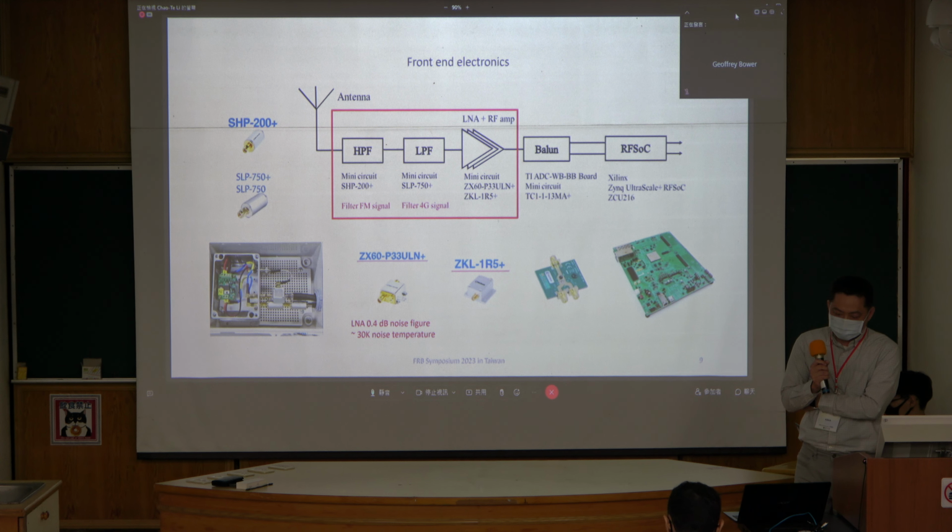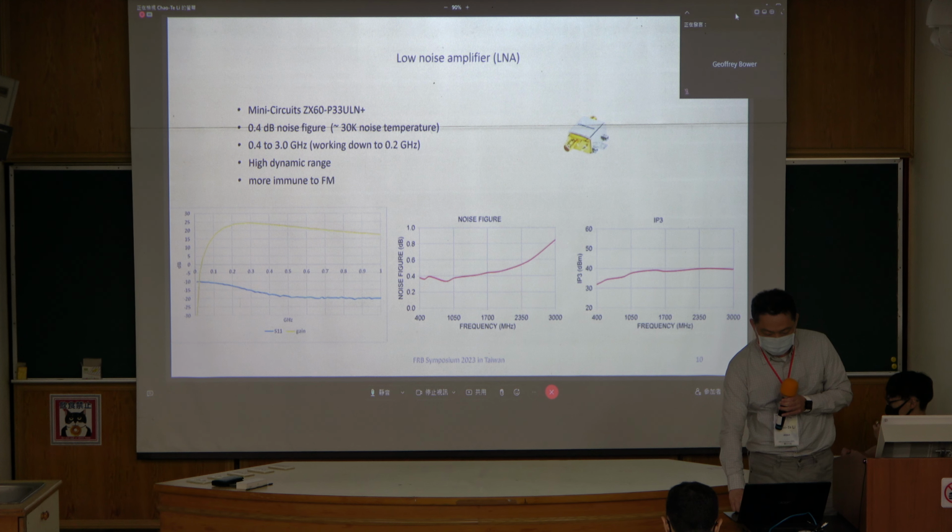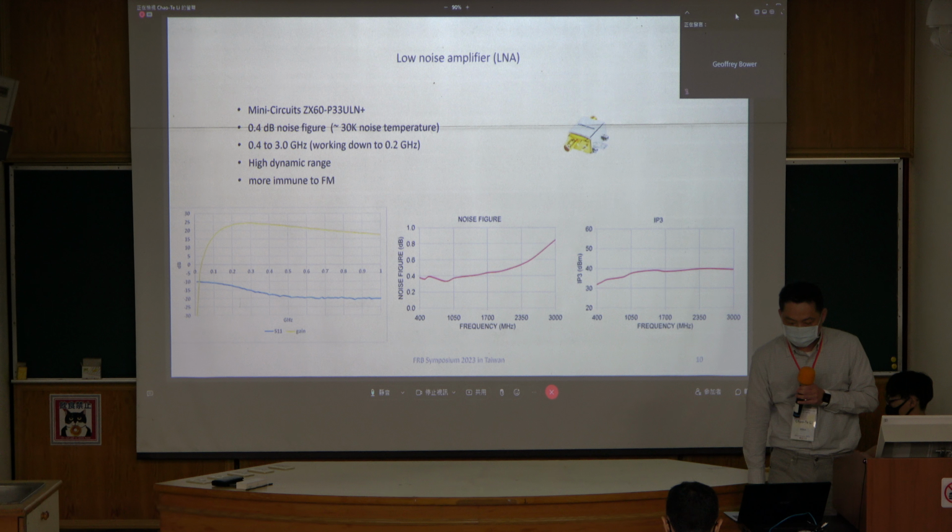The photo in the lower left shows you how the front-end electronics are assembled in the waterproof box. Here's some detail about it, and then we can come back to this later.